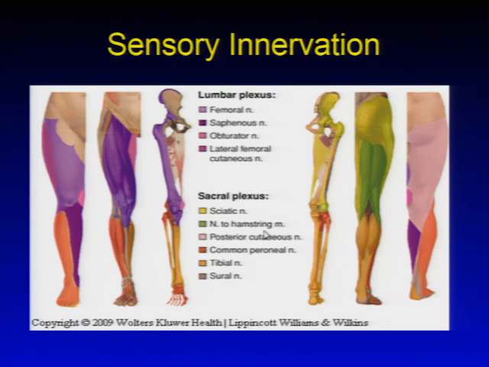You can also see the nerve to the hamstring muscle providing some sensation to the musculature, and the posterior cutaneous nerve providing sensory innervation to the posterior thigh.